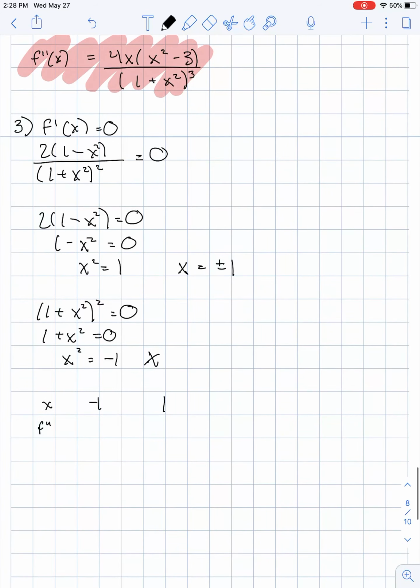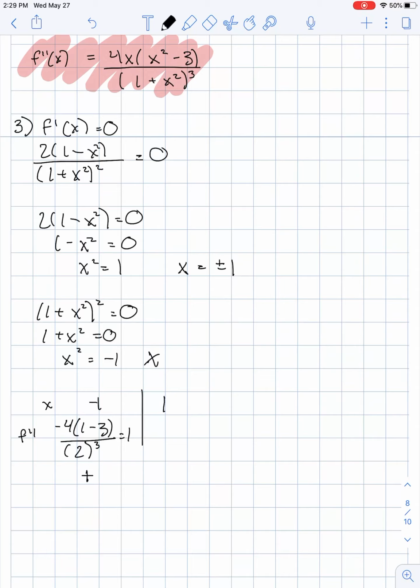So if I plug in -1 into the second derivative, I'm going to get -4, 1 minus 3 over 2 cubed, which is -4 times -2, which is 8 over 8. So that's 1. That's positive.